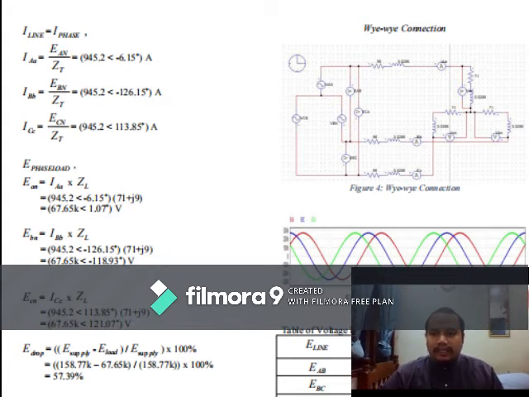As the last one, current IC equals voltage CN divided by Z total, I got the value of 945.2, angle 113.85 degree ampere.